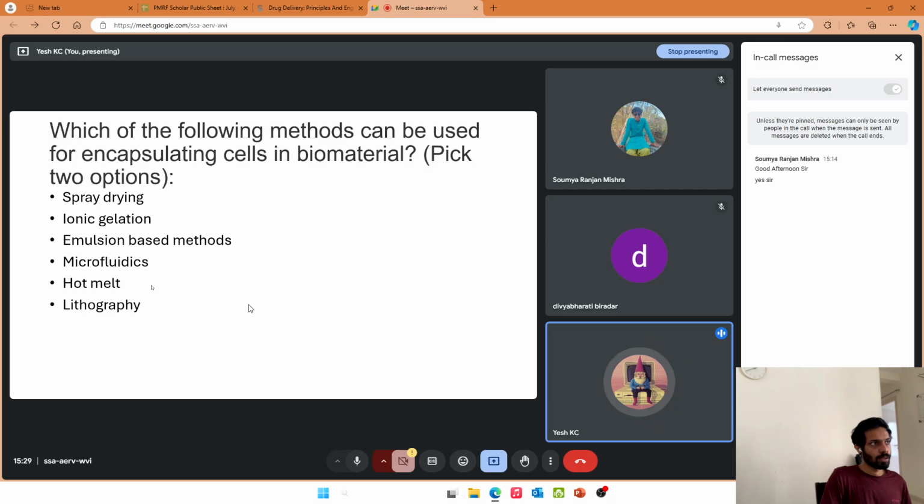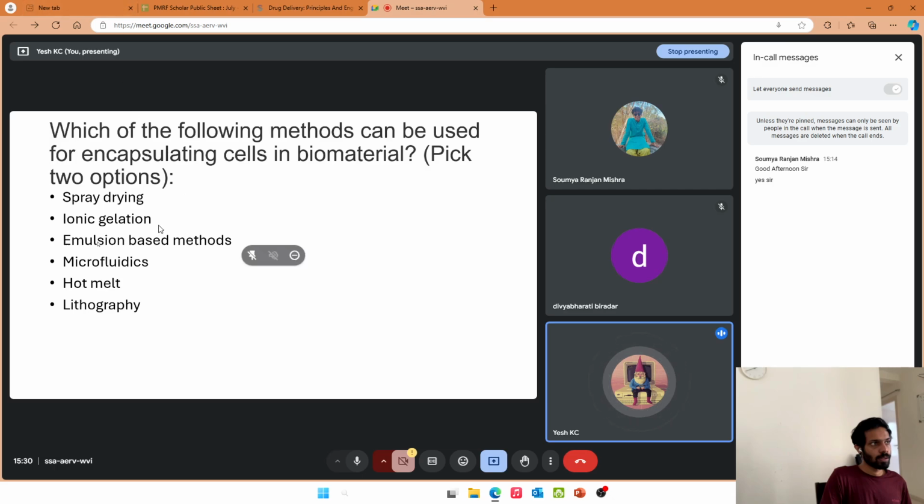It's oil in water or water in oil emulsion, and cells cannot generally go into oil. They might have to go into water, and even then, for you to achieve a good encapsulation, you will have to have a lot of water and less oil. So the turnover is going to be very less.